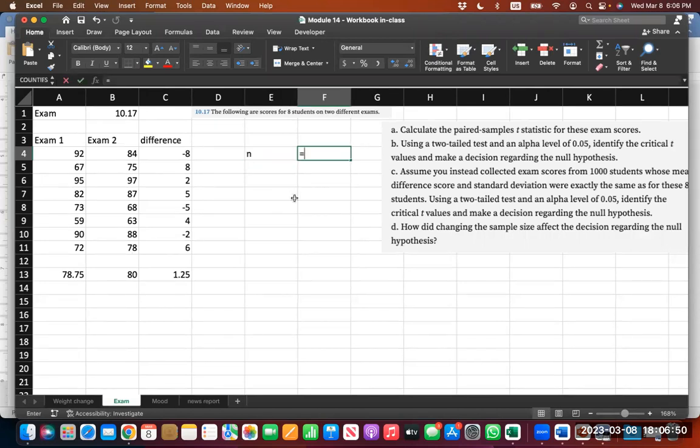So n equals 8. It's a group of students. Degrees of freedom are then 7. Remember, degrees of freedom are always n minus 1.